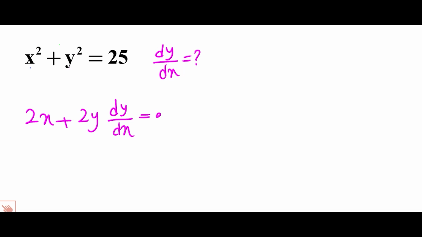Our goal is to get dy/dx by itself. First let's move 2x to the right side by subtracting it. So we have 2y dy/dx equals negative 2x. Now divide both sides by 2y.